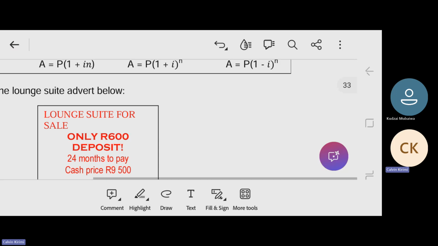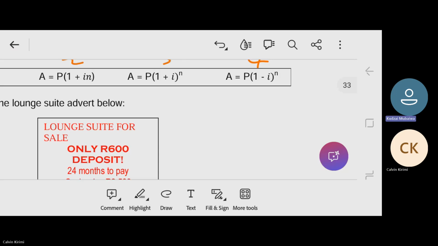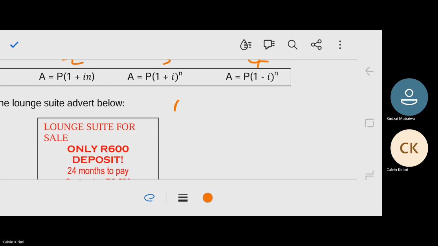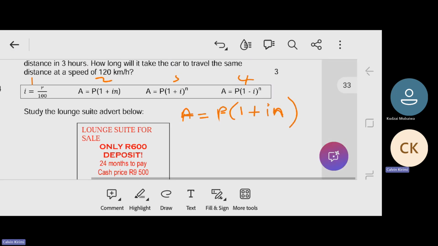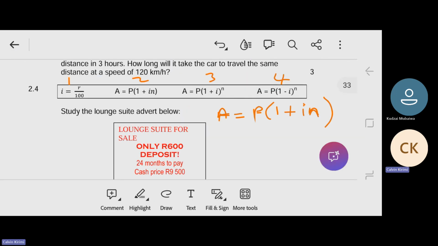So let's write it down. A is equal to the principal multiplied by 1 plus i n. So this is the final amount which the person is going to pay. P is the principal, the cost of the suit now.